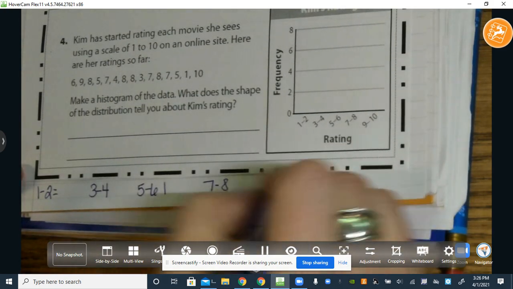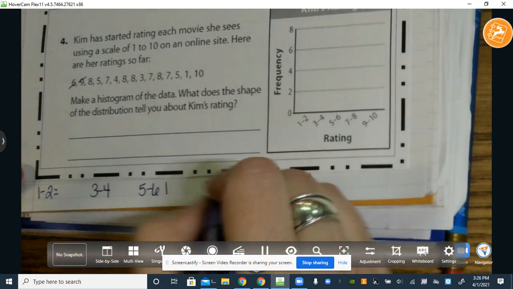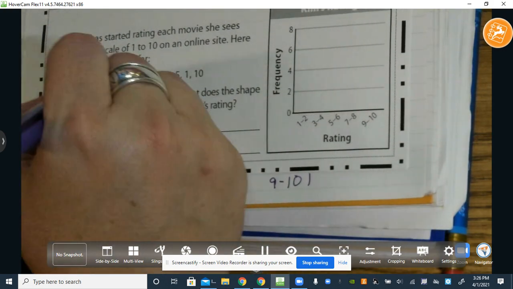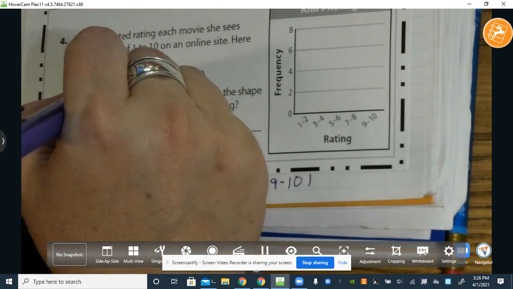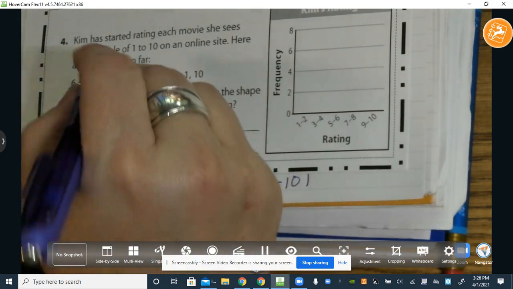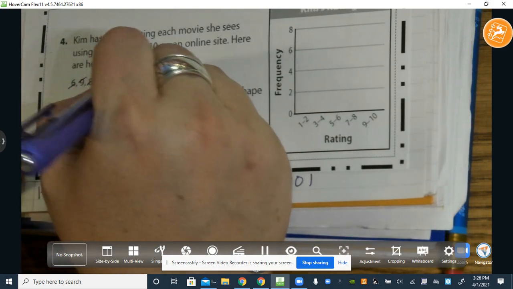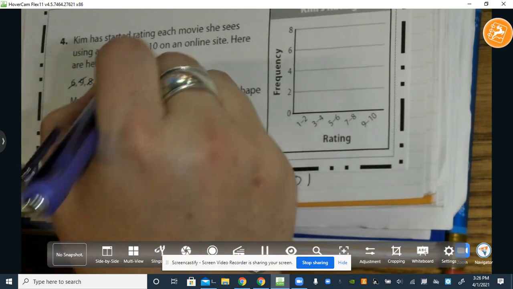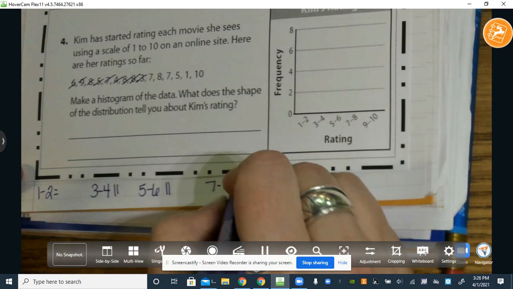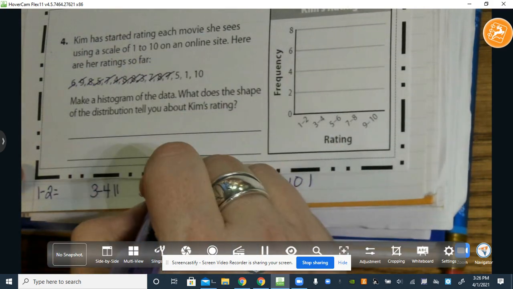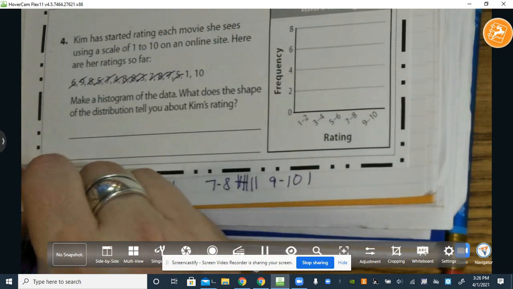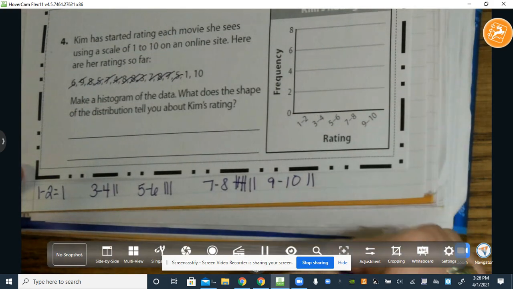A 9, another tally mark. I have an 8, a 5, a 7, a 4, another 8, another 8, a 3, a 7, an 8, a 7, a 5, a 1, and another 10.